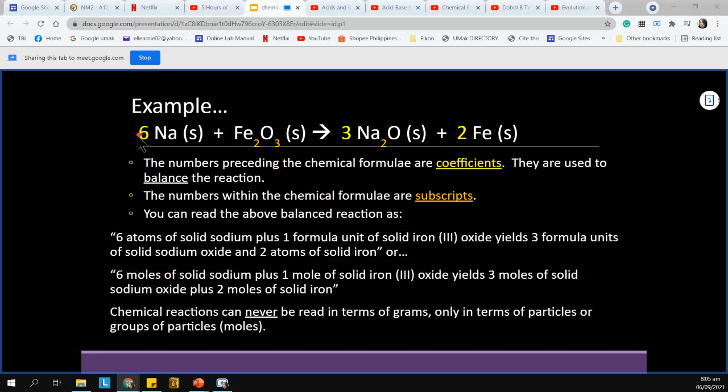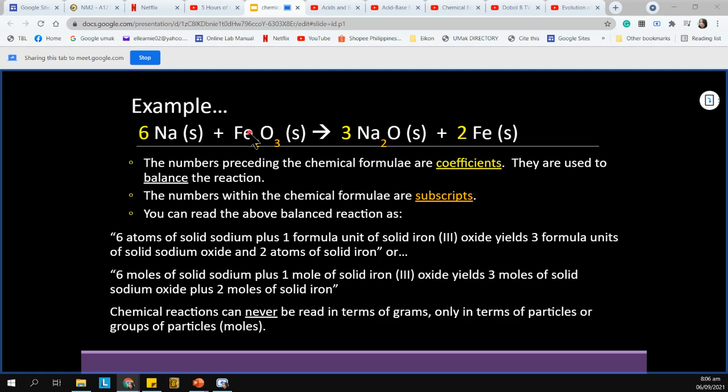So 6 atoms, since it is an element only, you can say it's an atom, or you can use 6 moles. So ibig sabihin nito, isang molecule na to, isang buong compound or isang material na siya. So we can use 6 atoms of sodium metal and iron oxide or iron 3 oxide.